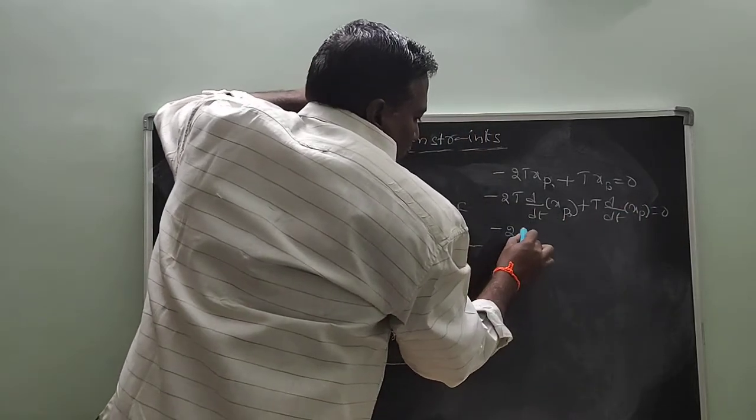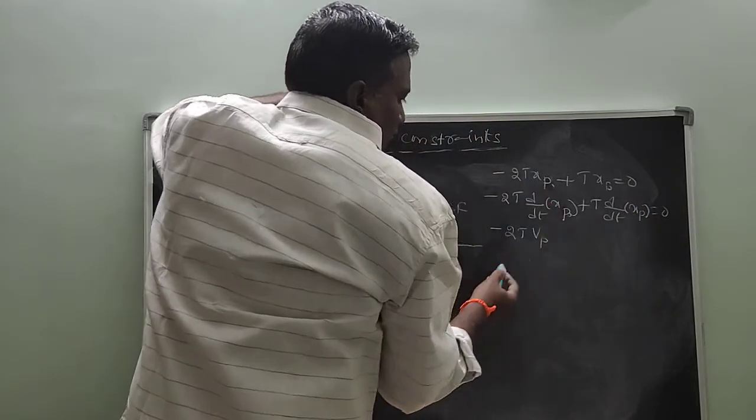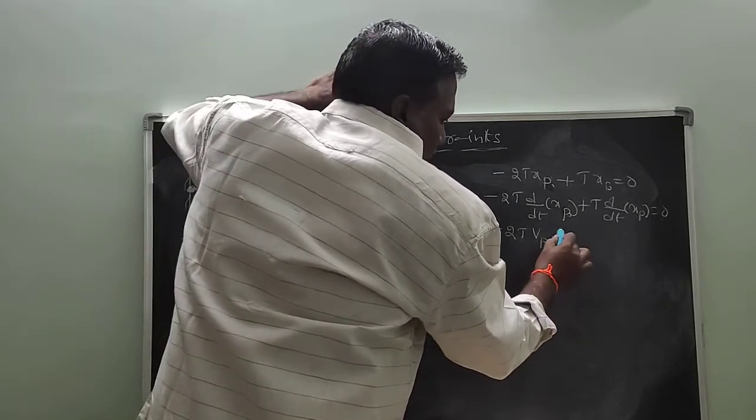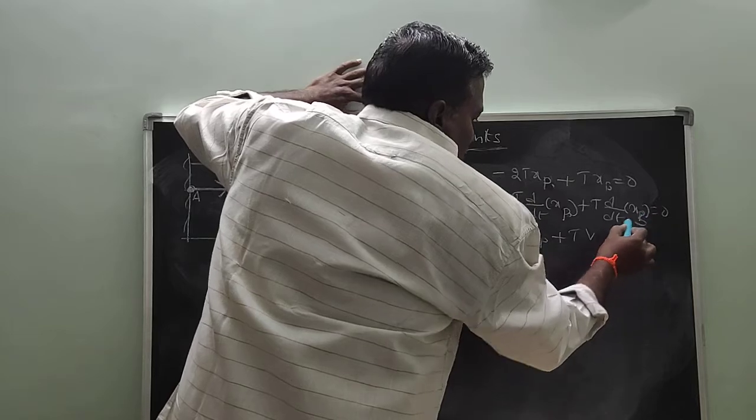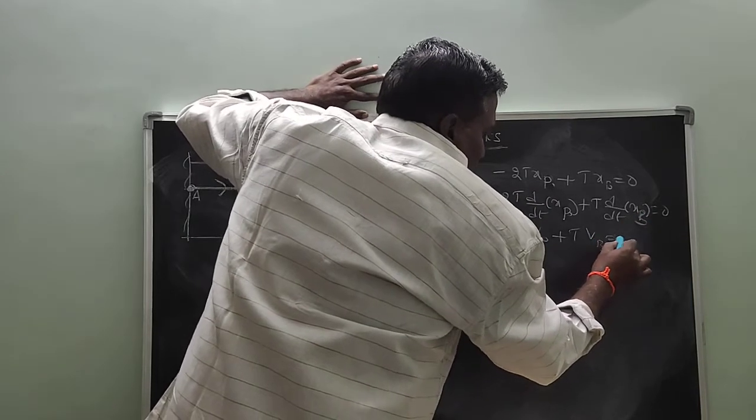That means minus 2T into velocity of the pulley plus T into velocity of the block is equal to 0.